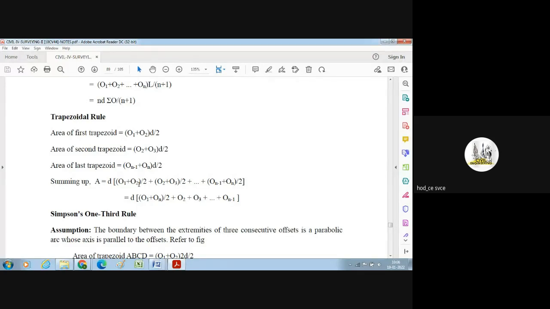O1 plus O2 divided by 2, that means the average of two successive ordinates, and O2 plus O3 divided by 2, and so on up to ON minus 1 plus ON by 2. So we average the successive ordinates, then multiply with the distance.